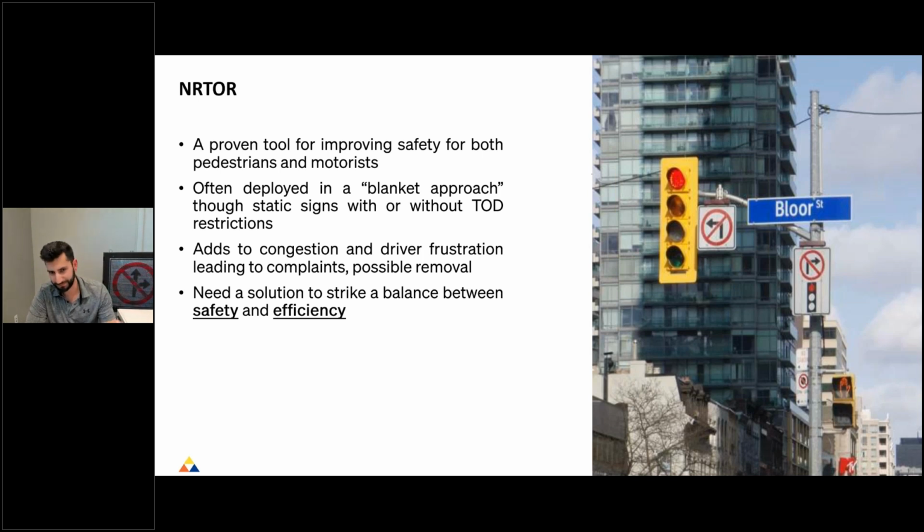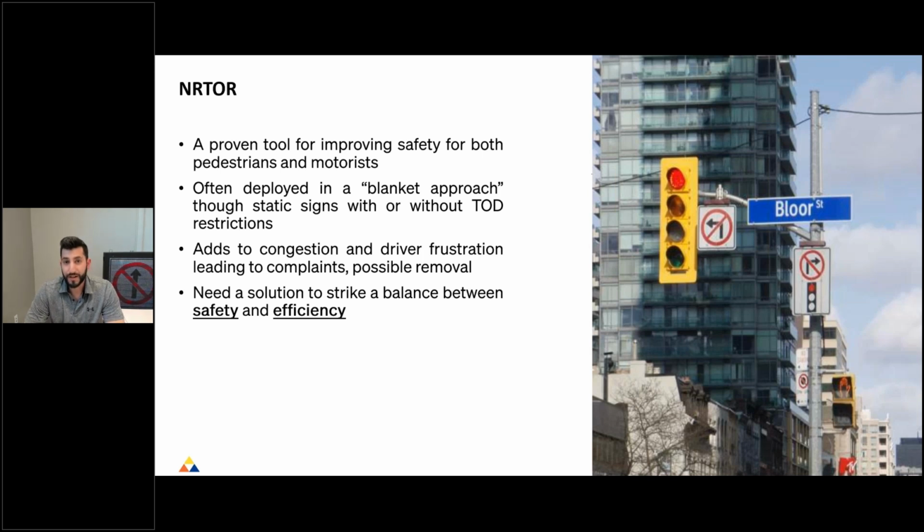However, one of my main gripes with no right-hand turn on red is the blanket approach that some municipalities take, putting the no right-hand turn red signage up as a static sign at really any intersection that receives some sort of complaint, and it really just turns into a lot of frustration and driver delays caused by the static signage.